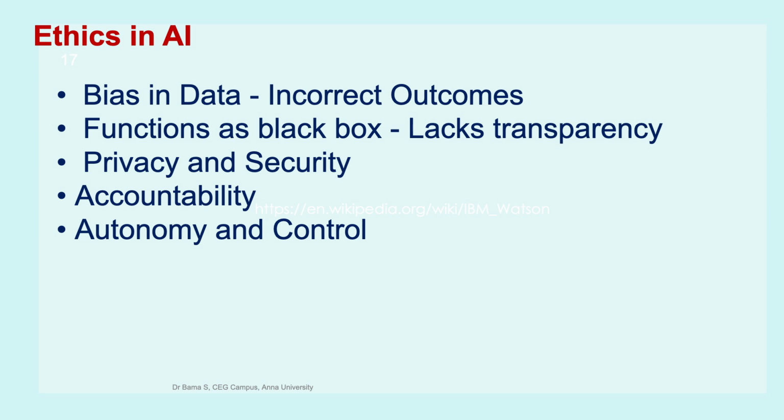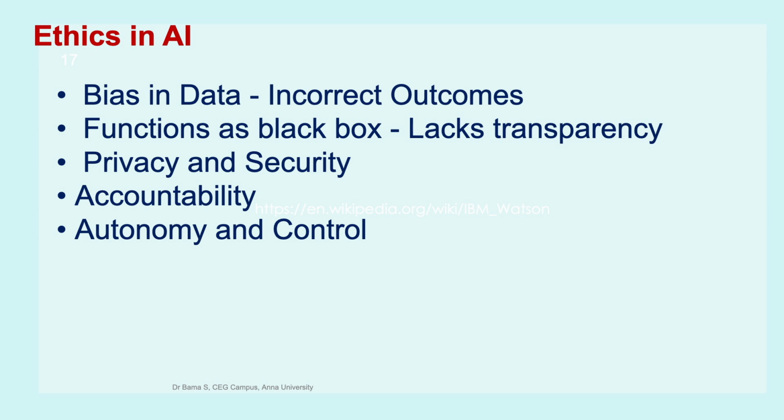And secondly, it functions as a black box. Suppose there is an AI system, the program that we write will run into 1,000 lines of code, and we will have just the input and the output. It is just a black box, and inside that we have to spend time to understand and debug. It will take more time. So, it actually lacks transparency.